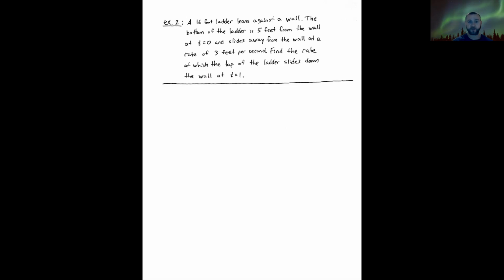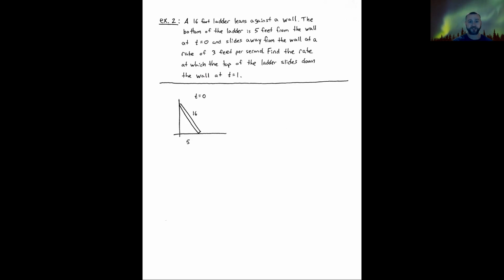All right, so let's think of step 1, drawing a sketch. So we have our starting time sketch at t equals 0. A 16-foot ladder leaning against the wall. Notice the problem tells you that the base starts off 5 feet from the wall. Now as time progresses, that base is going to slide away.